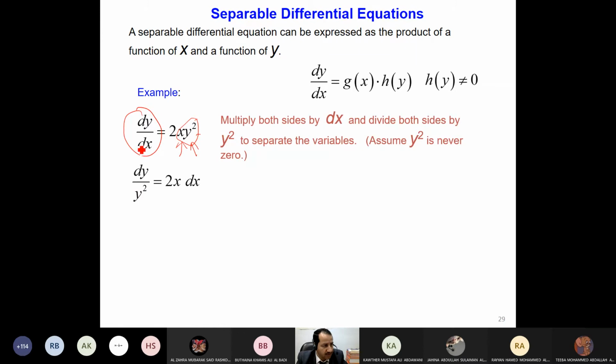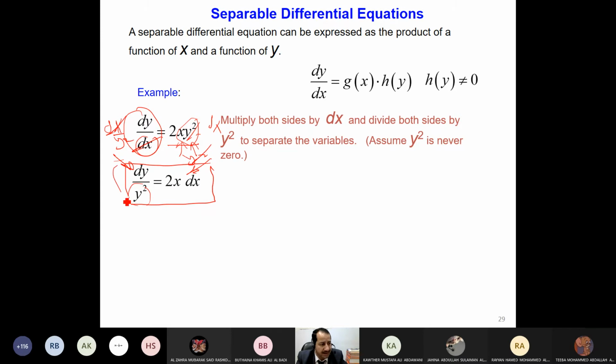When I divide by y squared, 1 over y squared, this one cancels. And dx here, I want to take it to the other side, so I will multiply the equation by dx, and dx cancels here. This is the new equation. Now you can see y on one side, x on the other side.